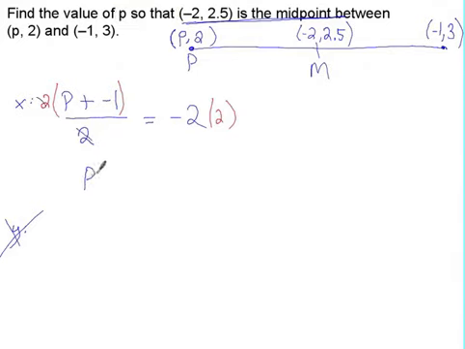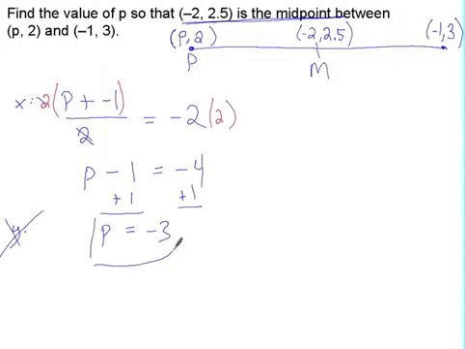This gives me p minus 1 equals negative 2 times 2 is negative 4. Now instead of subtracting 1, add 1 to both sides. P equals negative 4 and 1 is negative 3. Now I have found the value of p.